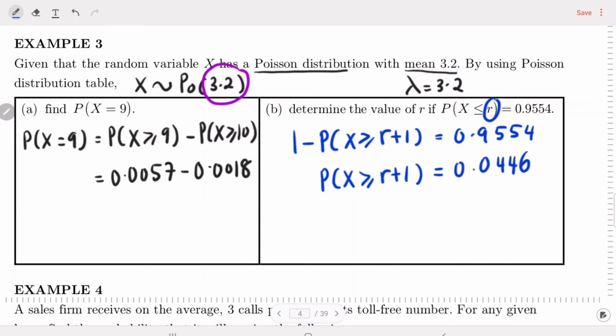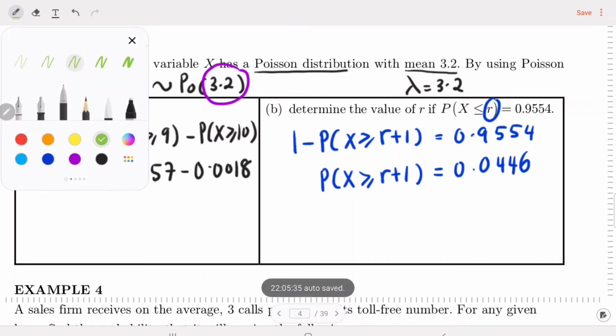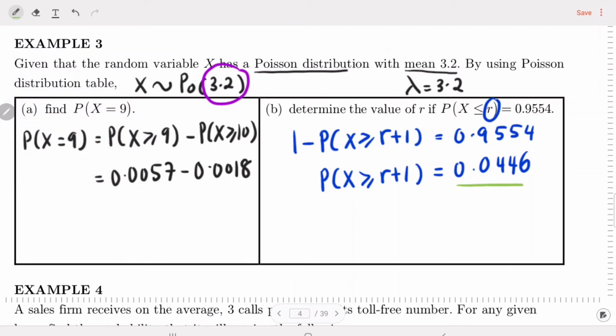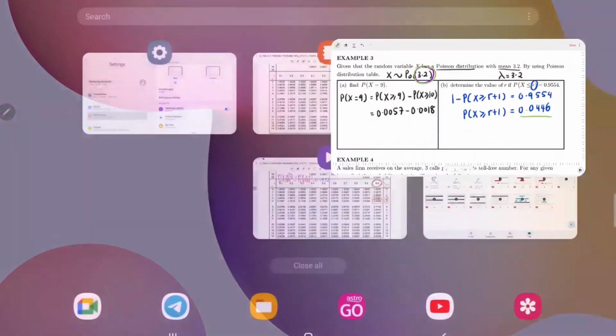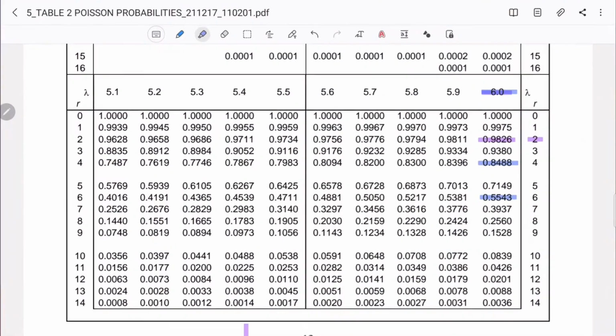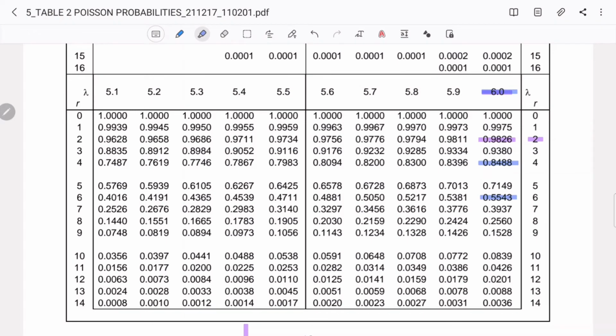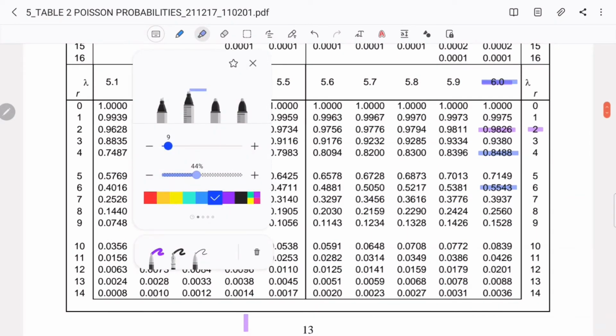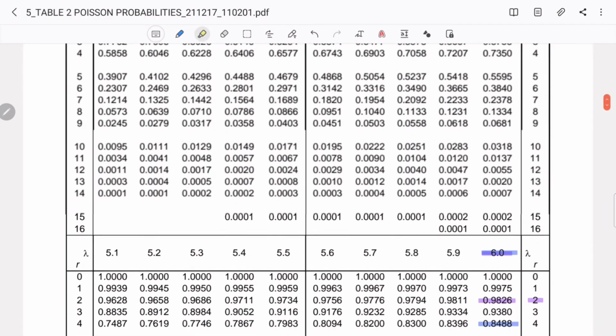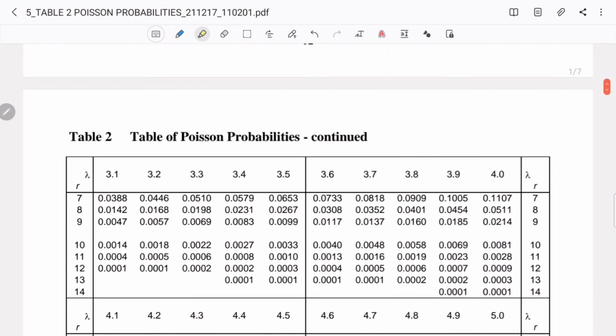we're going to get 0.0446. And lastly, we are going to look at the Poisson distribution table to find the probability 0.0446 and lambda equal to 3.2. So look at the Poisson table, lambda equal to 3.2 here, right?